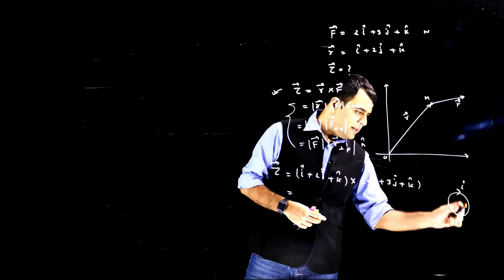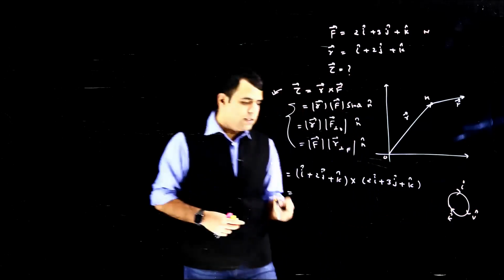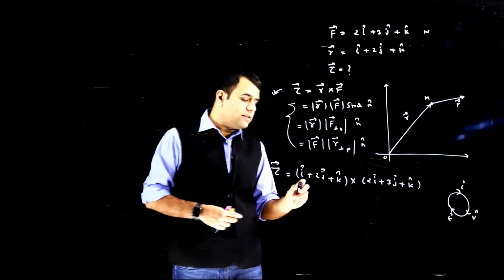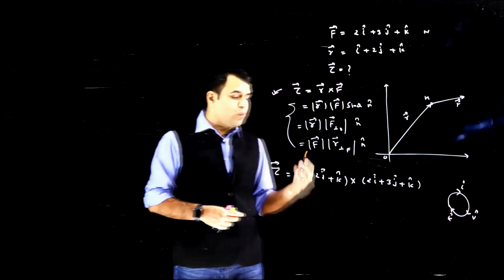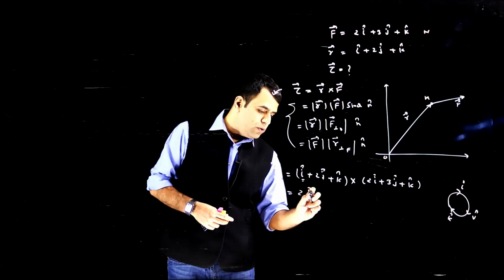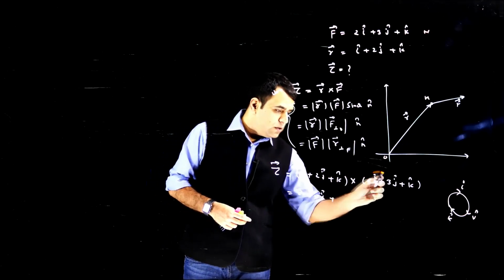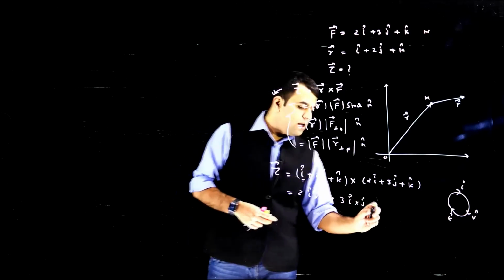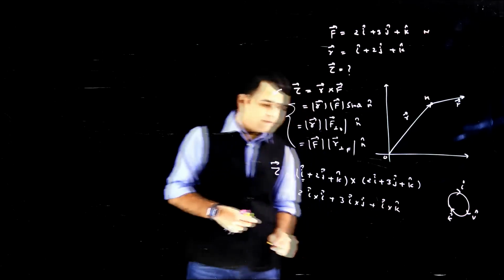So this is I, this is j, and this is k. We'll take the cross product here, obviously following the order. This quantity we have to multiply with all these 3 quantities one by one. So it will be 2I cross I plus 3I cross j plus I cross k.